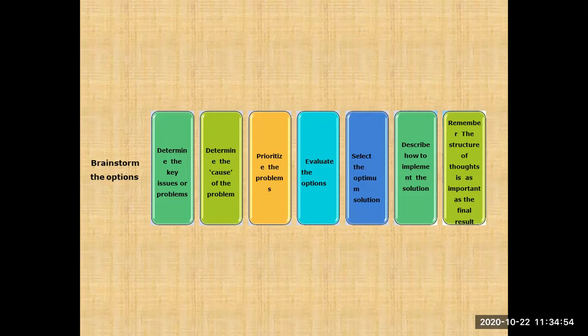Second, determine the cause of the problem, meaning why that problem is there. We have to first identify and define the problem, and then see why that problem is occurring. Then only can we come up with the solution for that problem. Unless we are able to identify the cause behind that problem, we will not be able to give the solution for it. That is a very true statement.